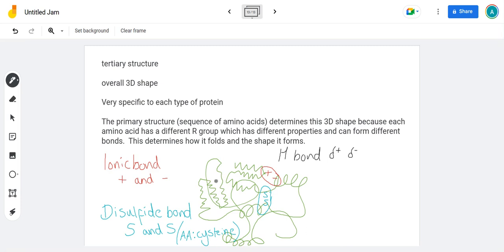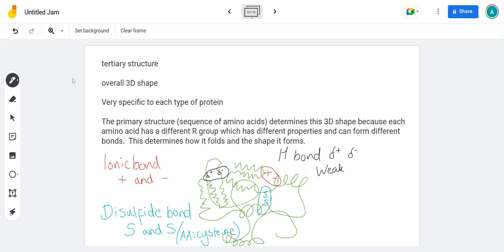These are the ones obviously that we had in the secondary structure as well, but let's say we've got a bit here that's slightly positive, an R group here that's slightly negative. They'll form a bond, binding together here. Hydrogen bonds, remember, are very weak bonds, but in quantity they can add up to make strong interactions.